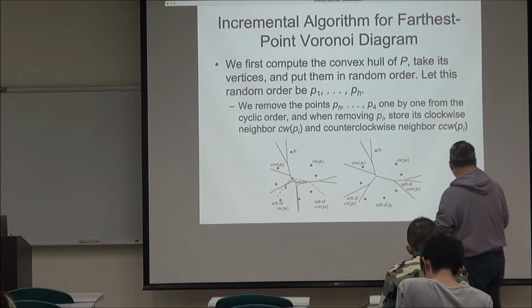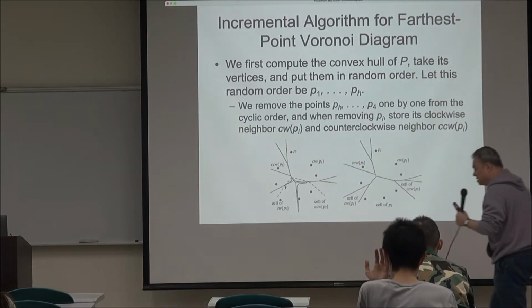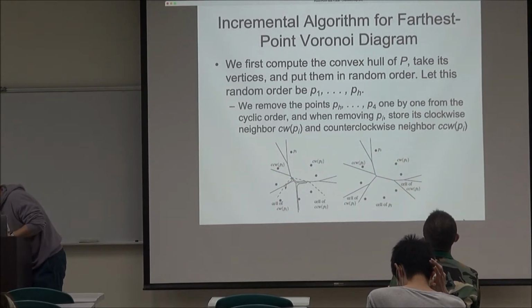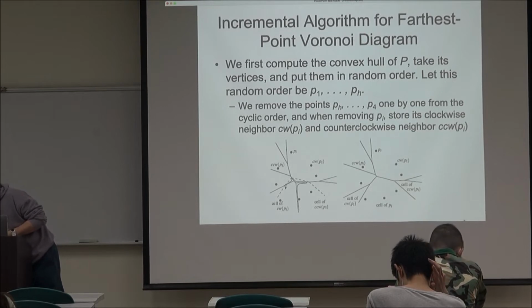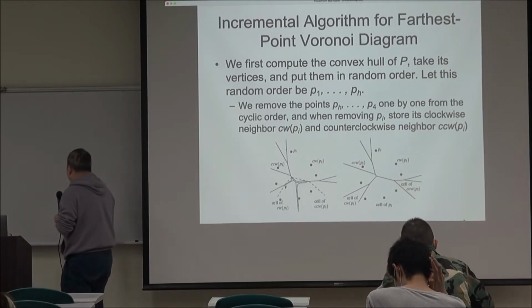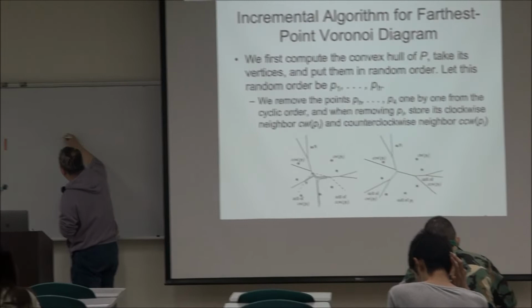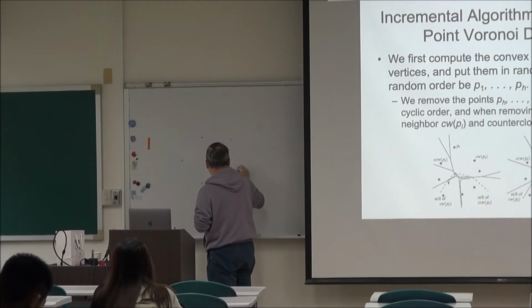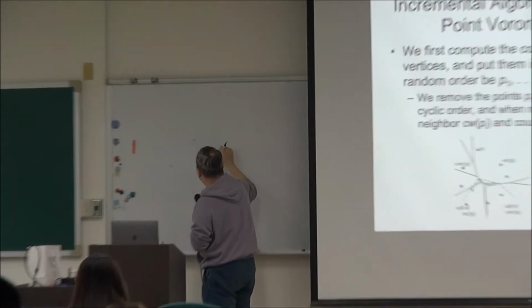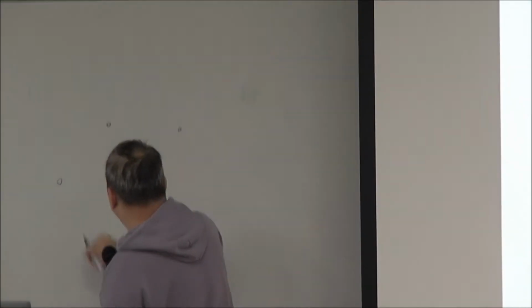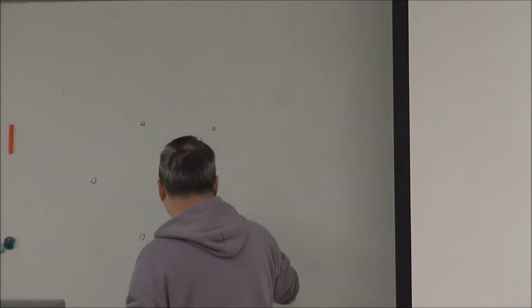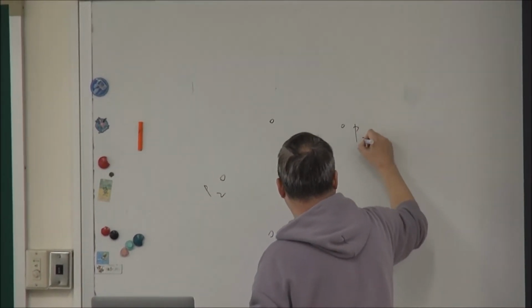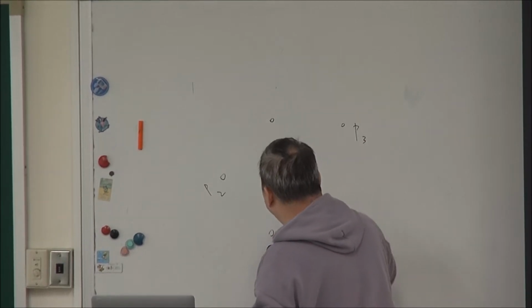I don't have a figure. Let's say we have 1, 2, 3, 4, 5. So we call these P1, P2, P3, P4, and P5.